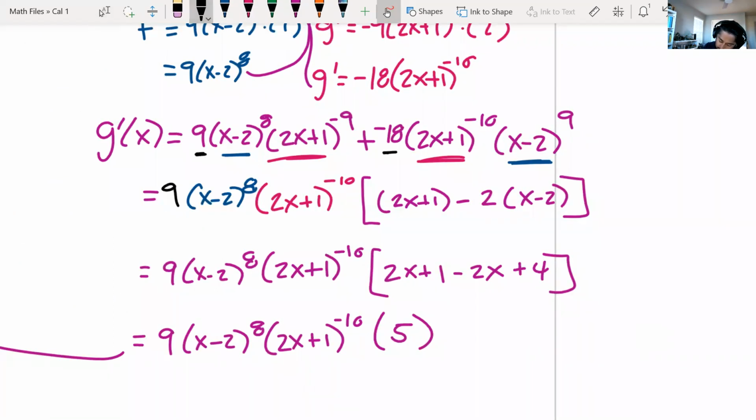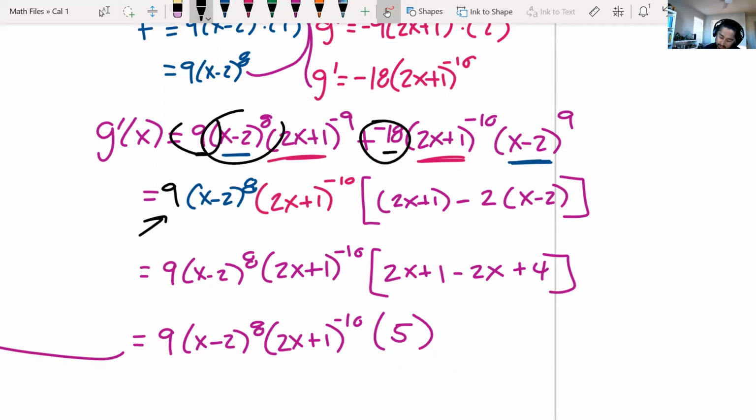So from 9 and 18, what's my greatest common factor? Or from 9 and 18, what could I factor out? A 9, which I put right there.